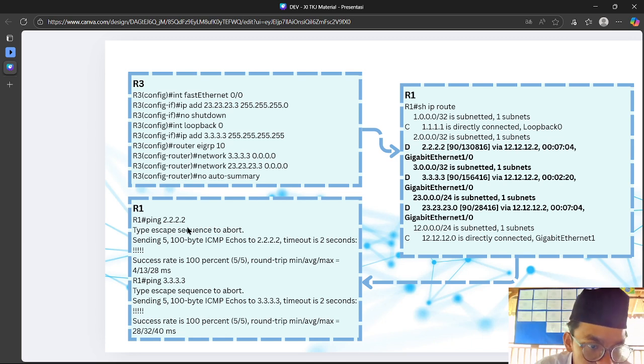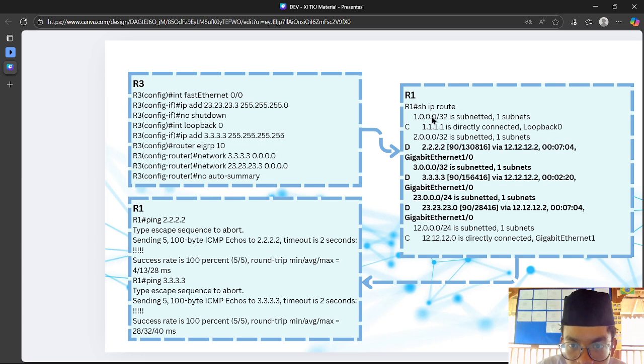Then when we ping from router 1 to network 2.2.2.2, escape sequence to abort, the success rate is 100%. Then the answer from router 2 is success from the ping, sending 100-byte ICMP echos. The time is 2 seconds.